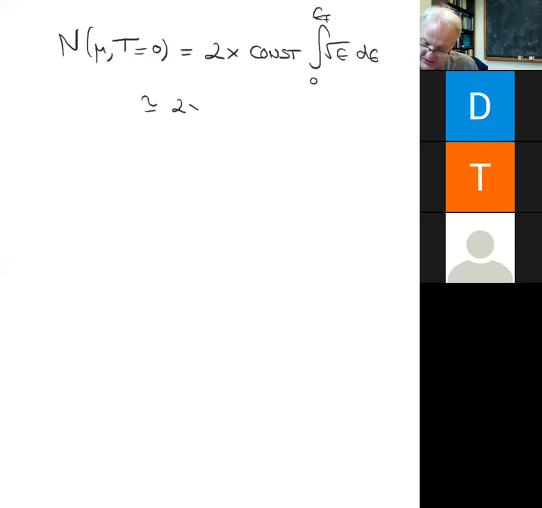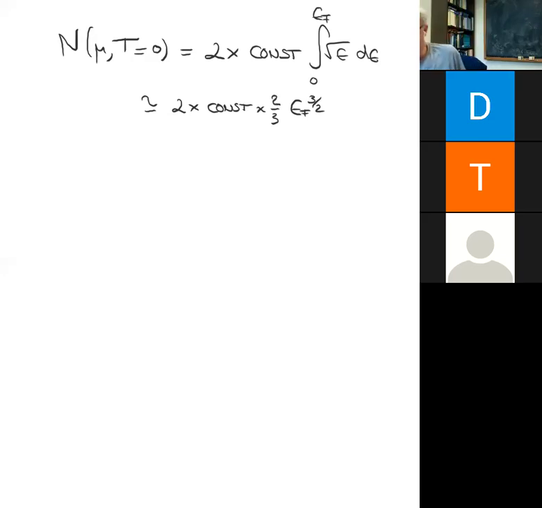So you get twice this constant. And the integral of root epsilon is epsilon to the 3/2. So you get epsilon to the 3/2, and so there must be a factor 2/3 in front. Okay.